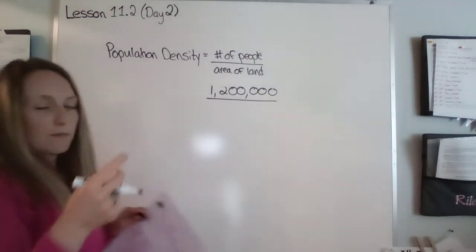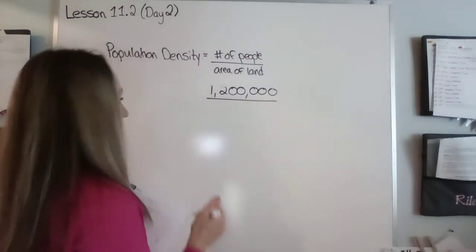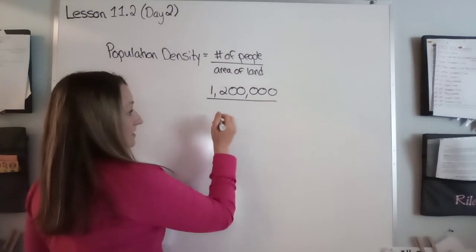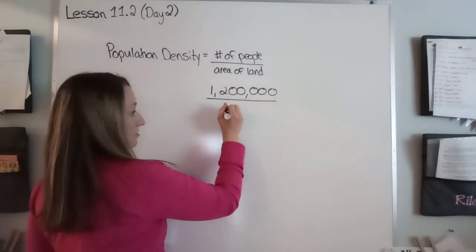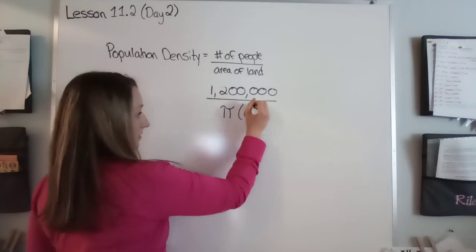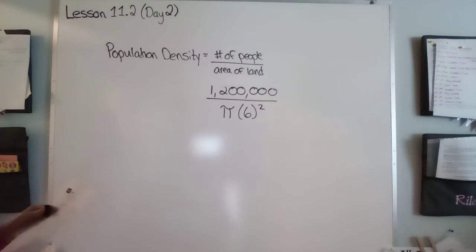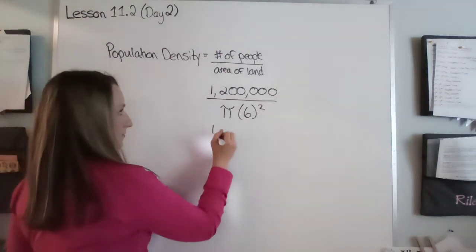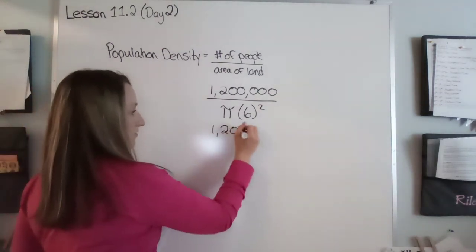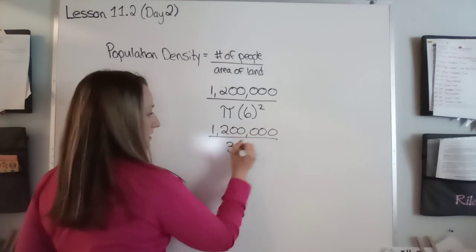So we're thinking about the area in form of a circle since they gave us the radius. Okay, so if the radius is 6, to find the area of that circle, we're going to use pi r squared, so it's pi 6 squared. We can simplify this a little bit before plugging it into our calculators if we want. 1.2 million over 36 pi.